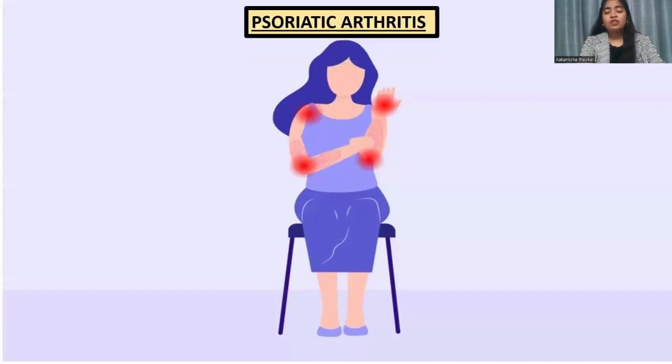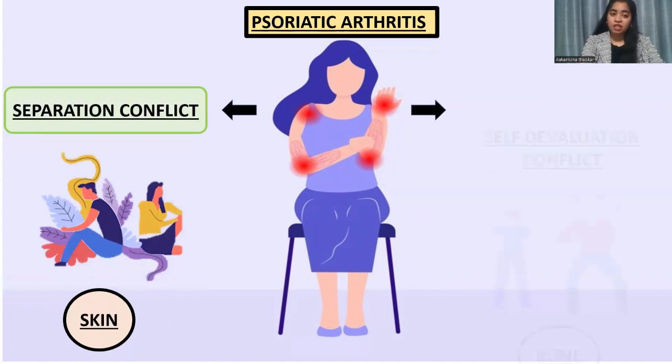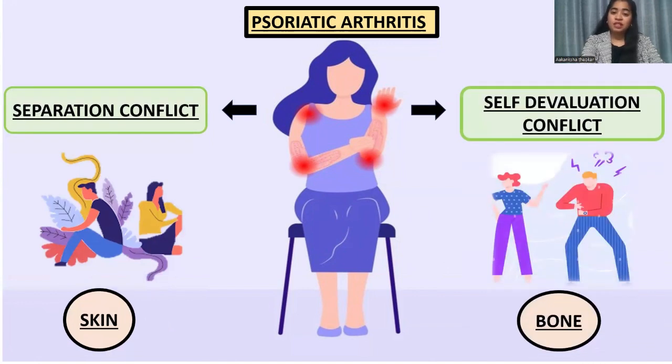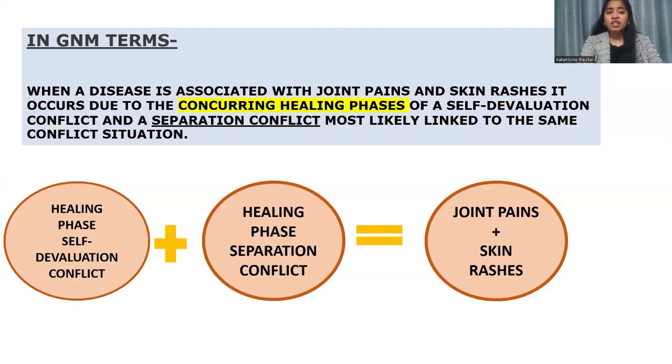So what happens in psoriatic arthritis? The patient suffers from the separation conflict affecting his skin as well as from the self-devaluation conflict which affects his bones. In GNM terms, when a disease is associated with joint pains and skin rash, it occurs due to the conquering healing phase of self-devaluation conflict and separation conflict, most likely linked to the same conflict situation.